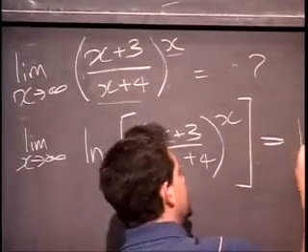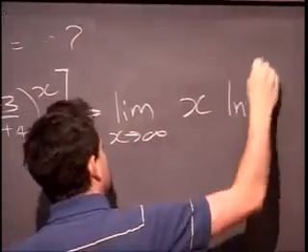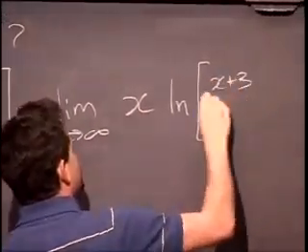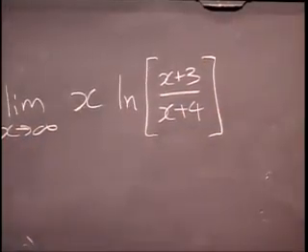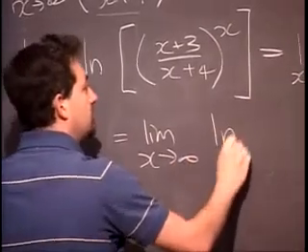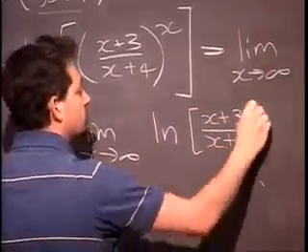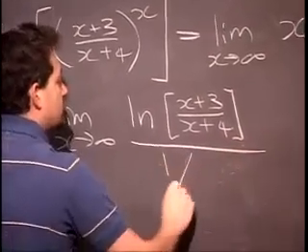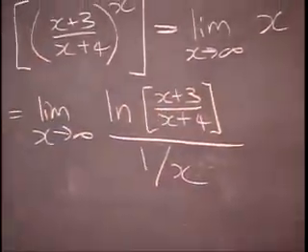So this is the limit as x goes to infinity of x log of (x plus 3) over (x plus 4), which I'm going to write as log of (x plus 3) over (x plus 4), over 1 over x. So I'll pull the x down into a denominator which I'm manufacturing.